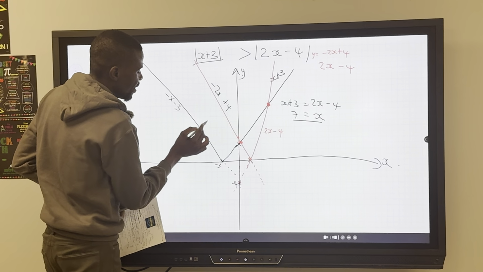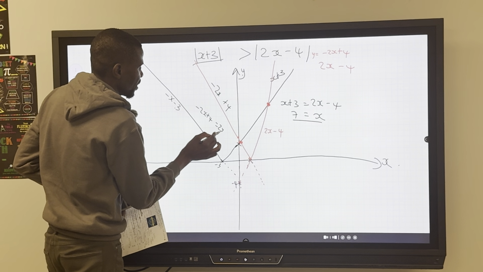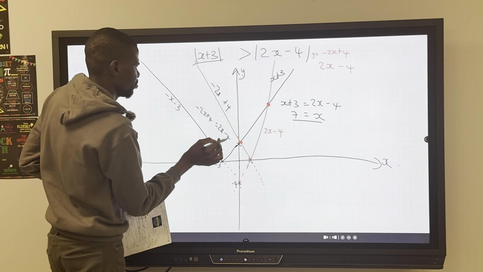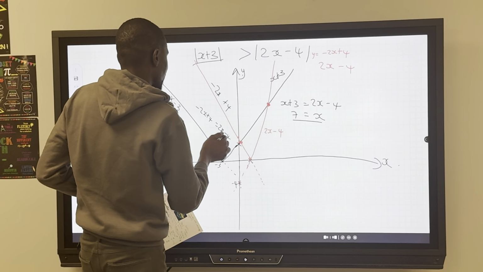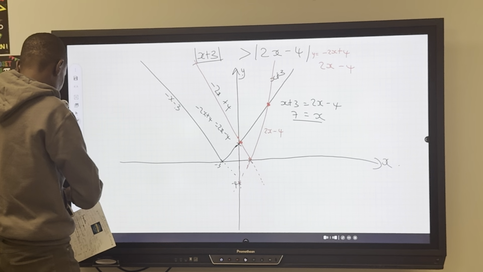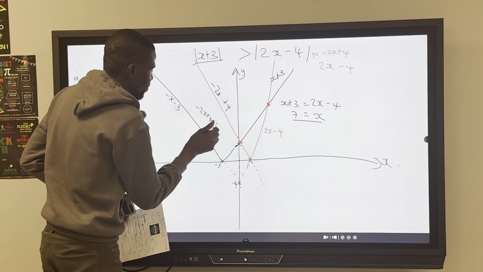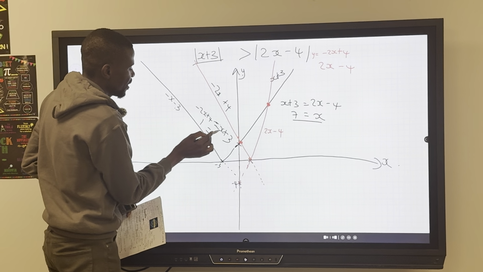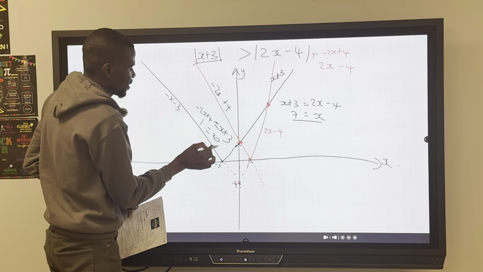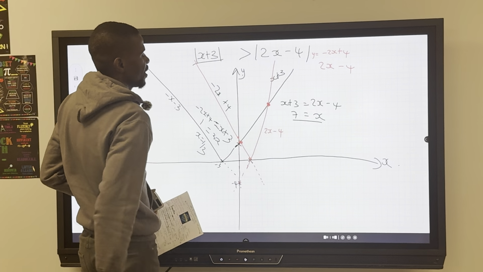And another one here, we are saying negative 2x plus 4 equal to x plus 3. So 4 minus 3, that's 1. X plus this, that's 3x. So x will be equal to a third. So here it's a third, and that's 7.